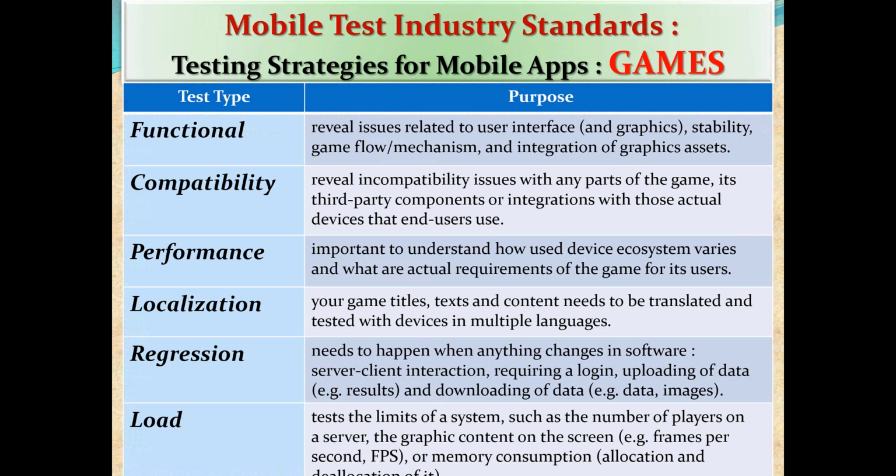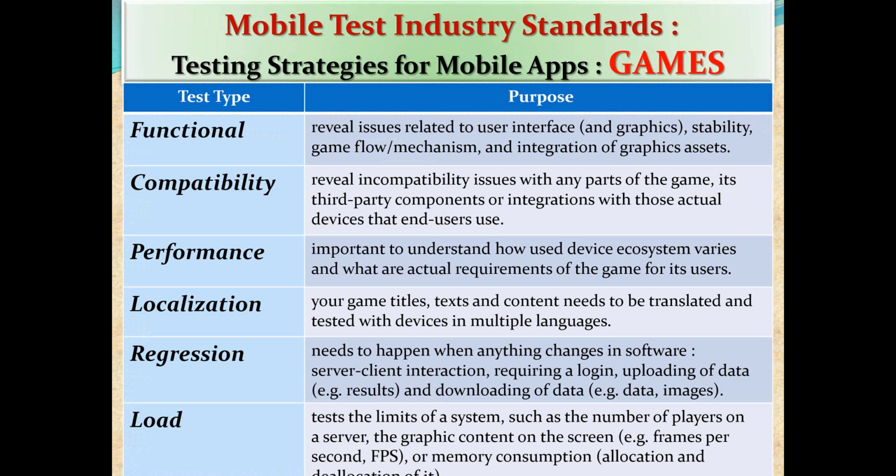But if compatibility testing is done during all the development phases, and we call it a smoke test or sanity test, depending on how a company calls it, it can help reveal incompatibility issues with any parts of the game, for example third-party components or integrations, or with the actual devices that the end users use.